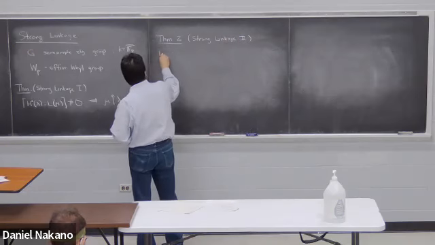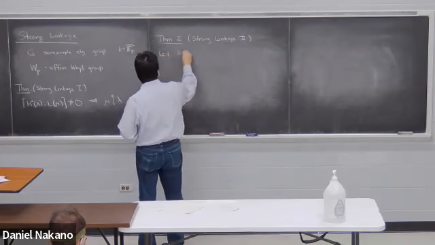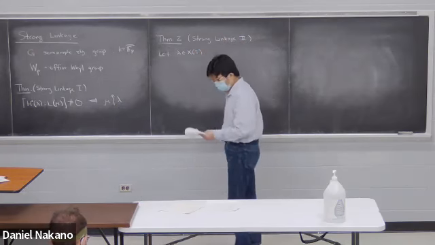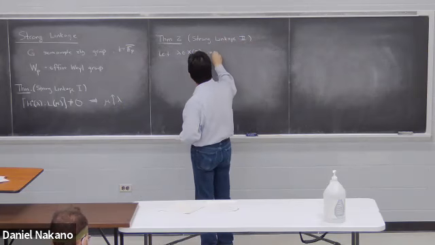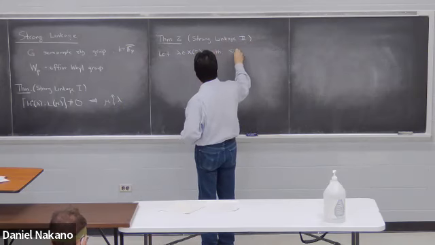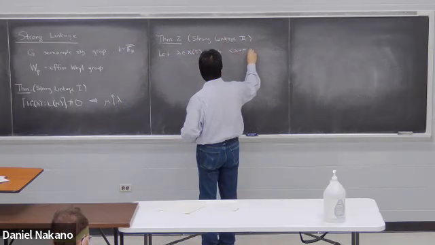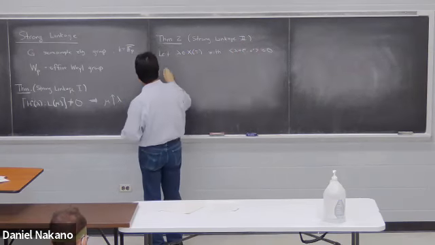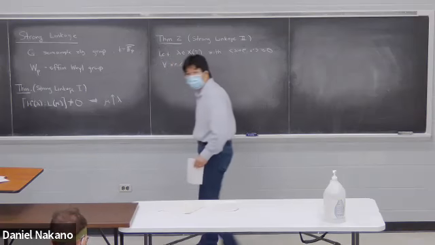So let lambda just be a weight, okay? But the weight has a condition. So it's lambda plus rho, alpha check is bigger than or equal to 0 for all alpha. Okay, it's enough to just do all simple roots.